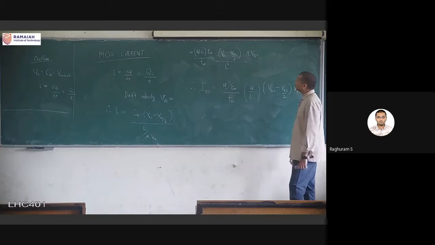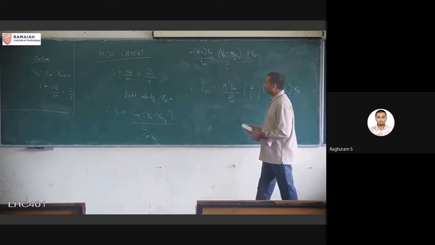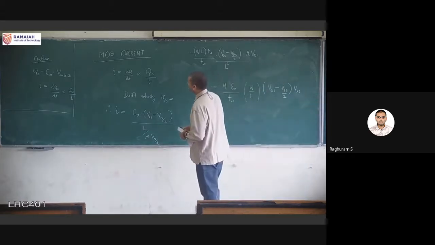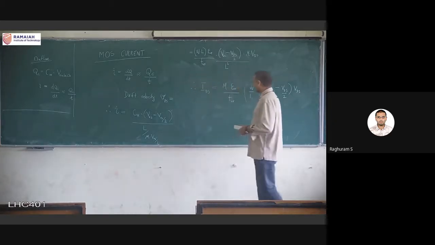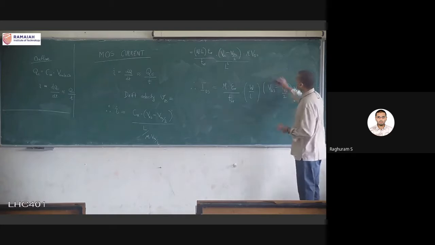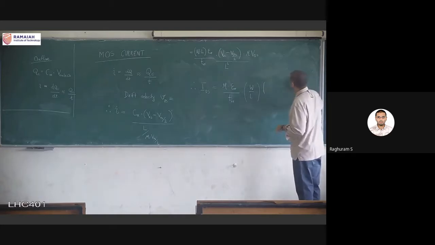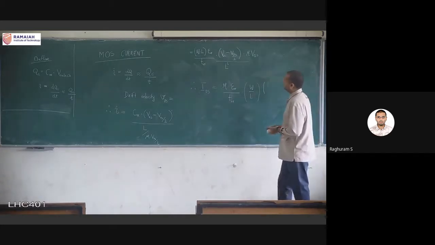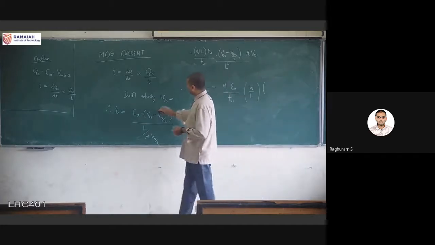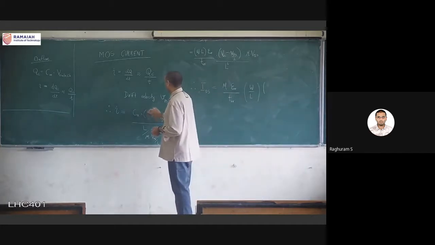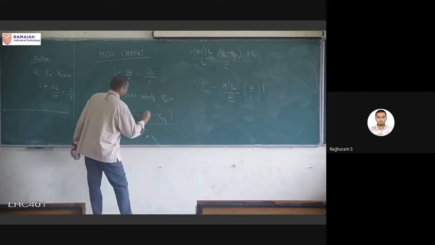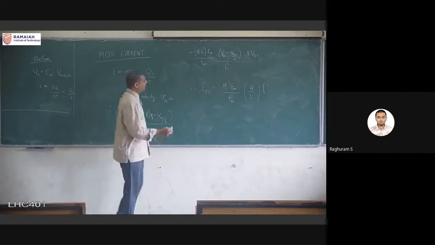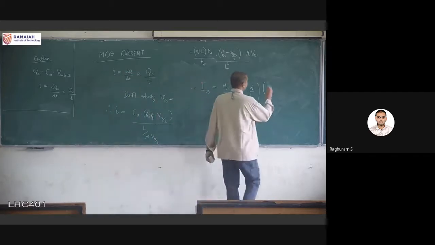Sorry, there is one term I missed somewhere. This actually should be, in this whole thing where I derived it as VGS, it should be VGS minus VT. I completely forgot the VGS minus VT.